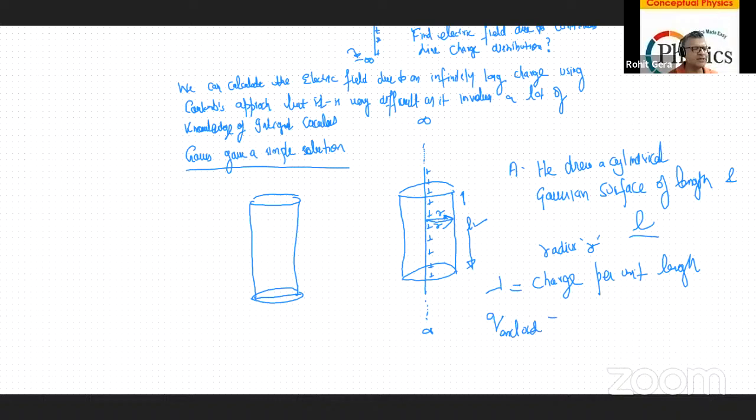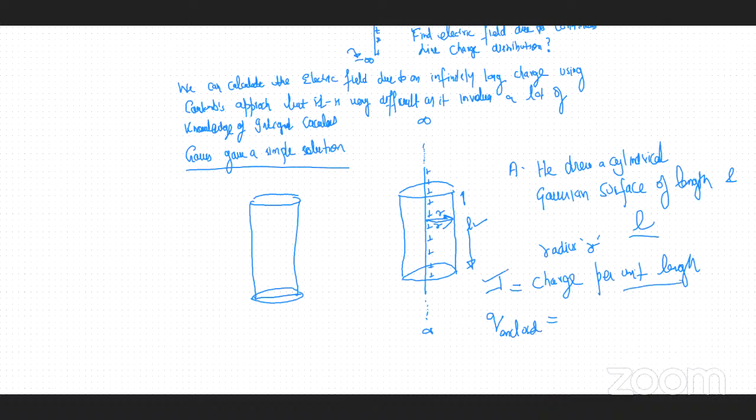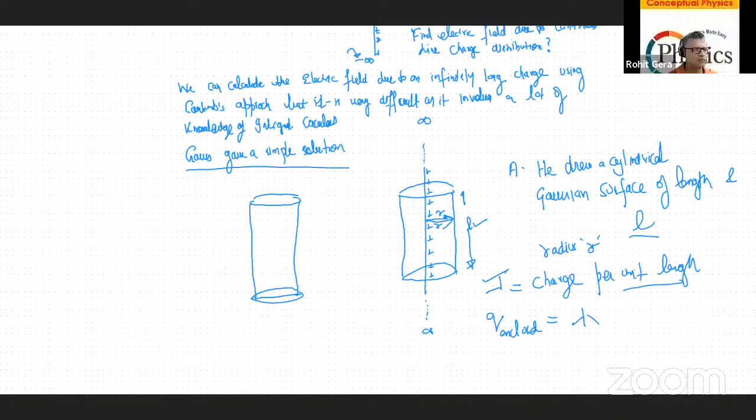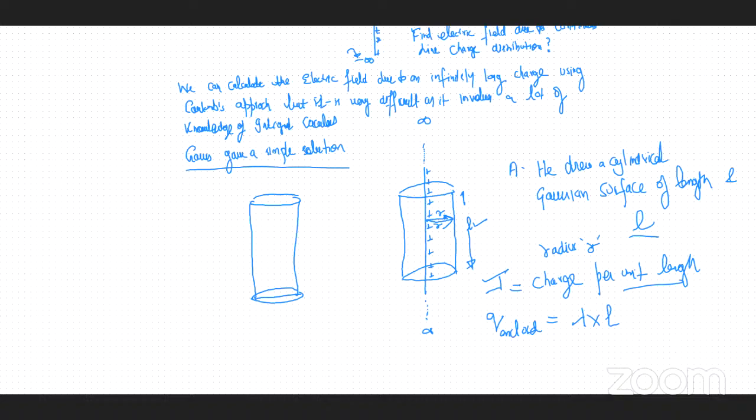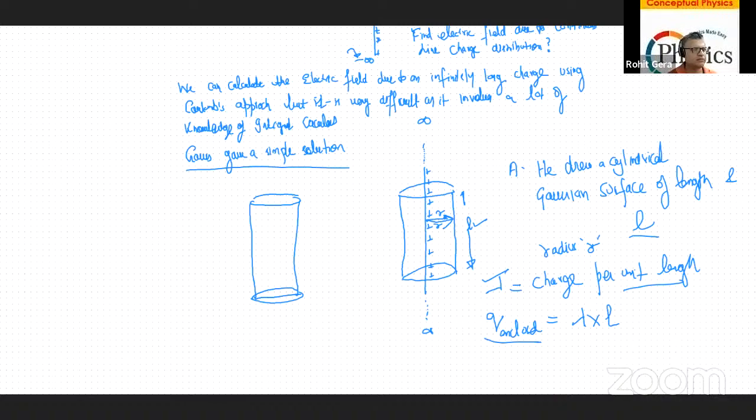So 1 meter has lambda. L will have how much? Q is equal to lambda into L. Charge per unit length multiplied by length tells you the Q enclosed. So now you know how much charge is this from here till here, which I'm highlighting now with a different color. So now we know which one is the enclosed charge.